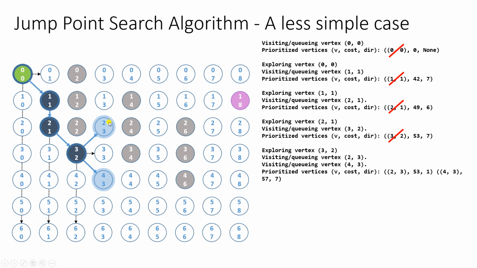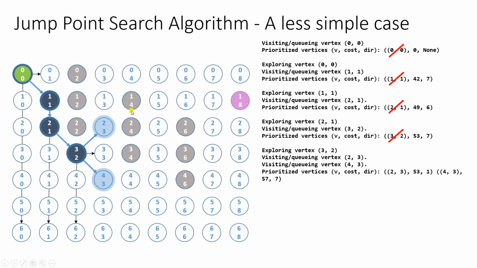As we can see, horizontally we have an obstacle and we cannot go through it, so there is nothing interesting on the right. But if we try going upwards, we can see that there is vertex 1, 3. Why is it interesting? Because it's next to an obstacle.